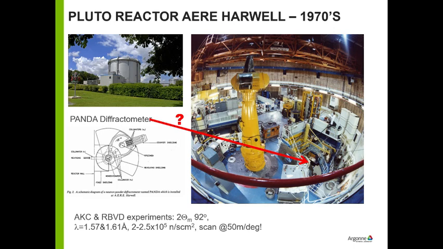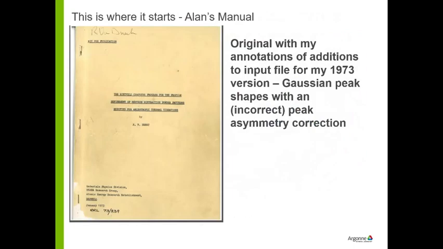What was the sample? Well, first of all, the Rietveld program version that I started with was one that Alan Hewitt had modified to make it do anisotropic temperature factors. And this is his manual, and I still have this book.